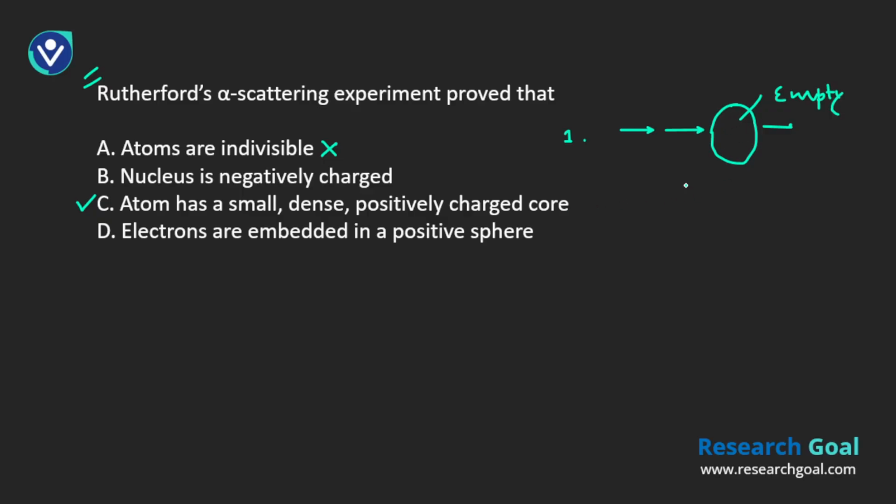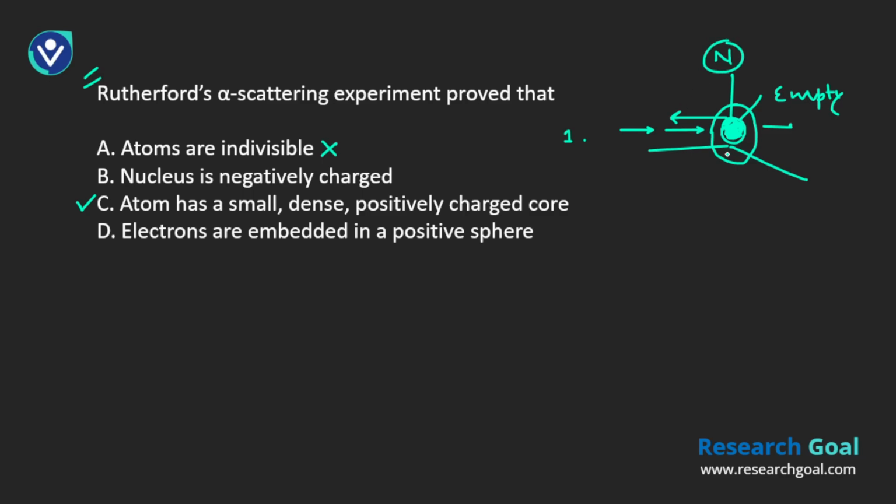Next, some alpha particles deflected by a small angle, and others even bounced directly backwards. That clarifies that there is something very dense and very strong in the center, and that was the nucleus.